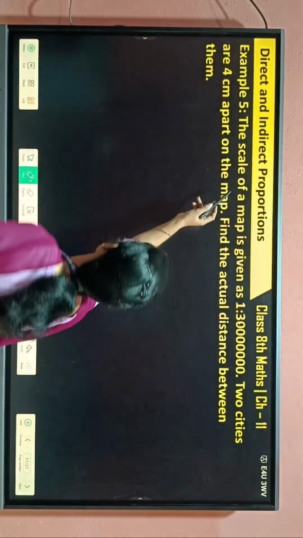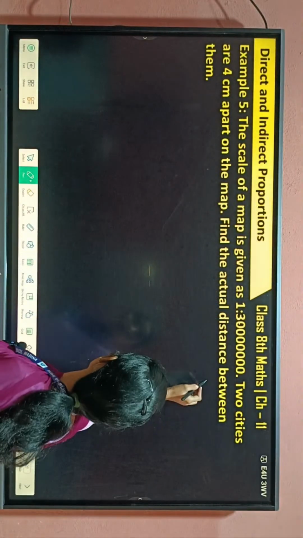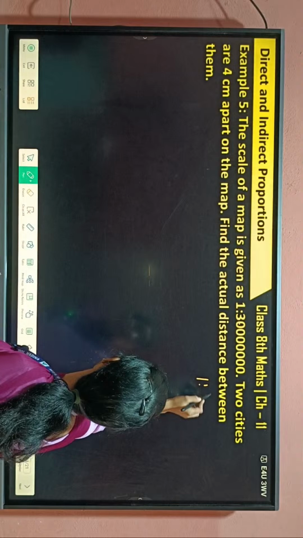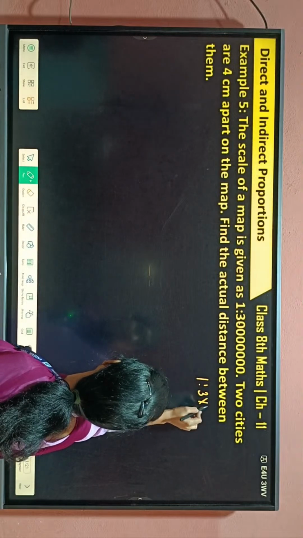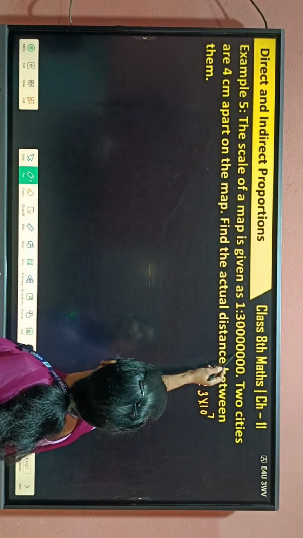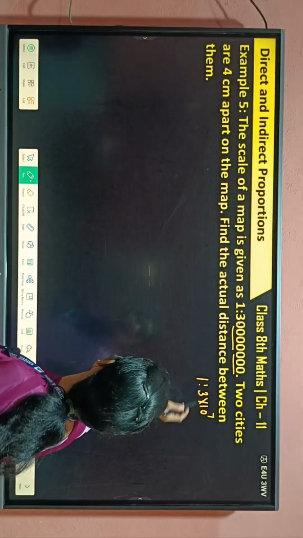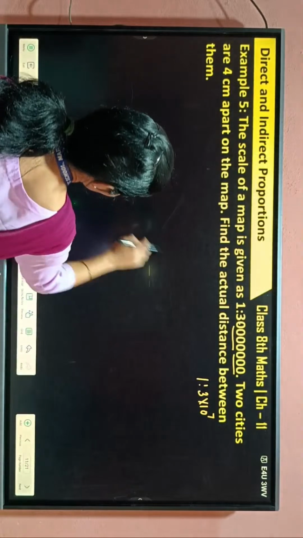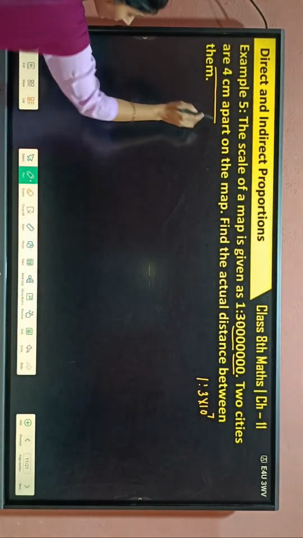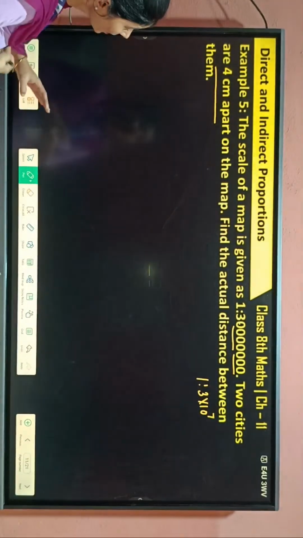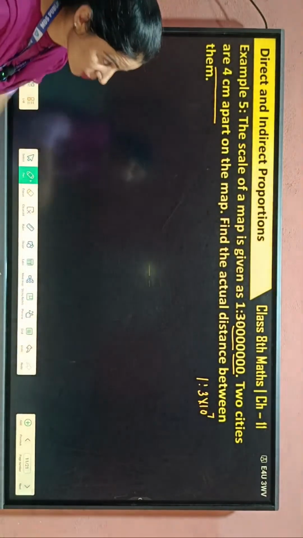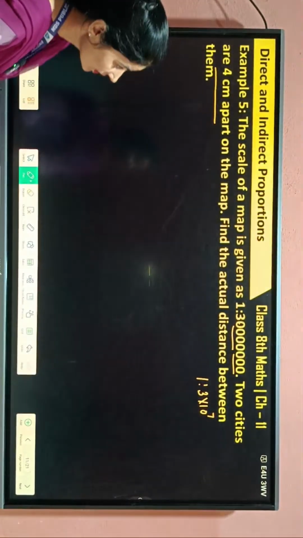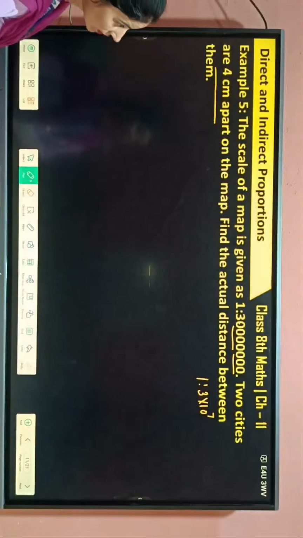This is the scale of a map, measured in this ratio, 1 ratio 3 into 10 raised to power 7. Two cities are 4 centimeter apart from each other on the map. Let us see how we can find out the actual distance between them.